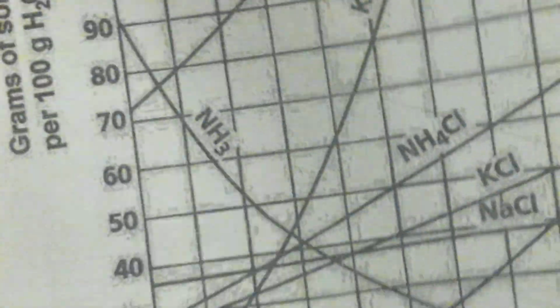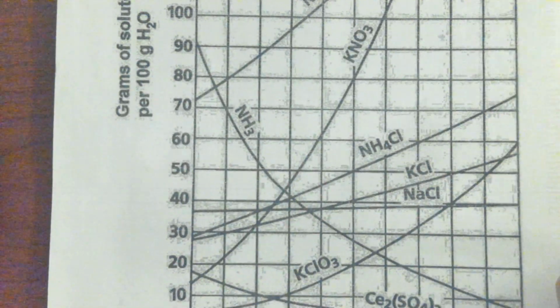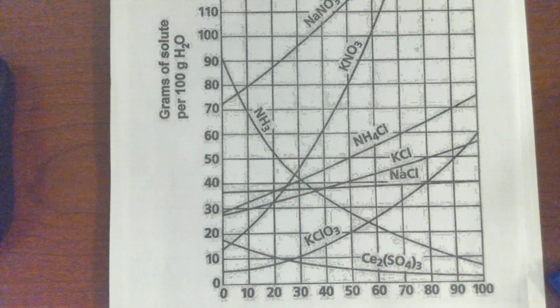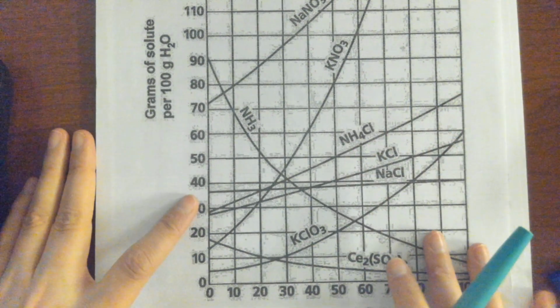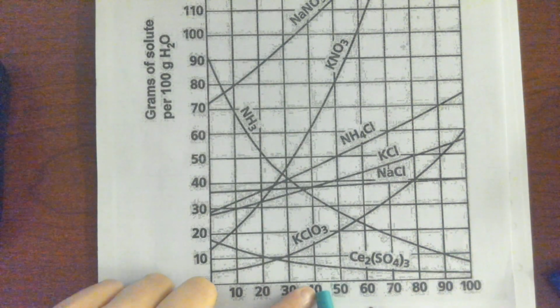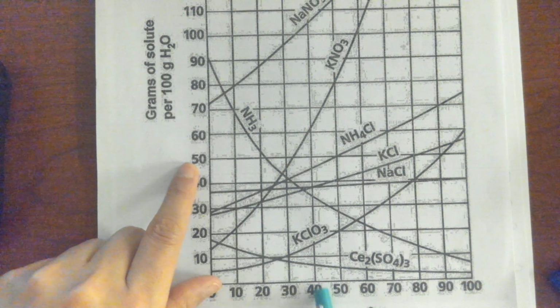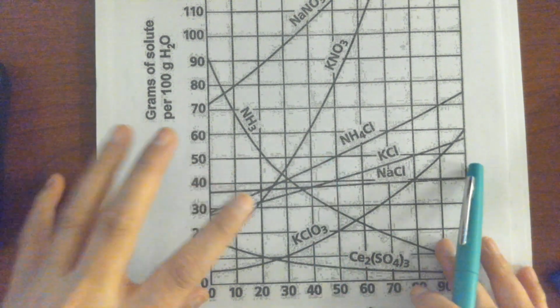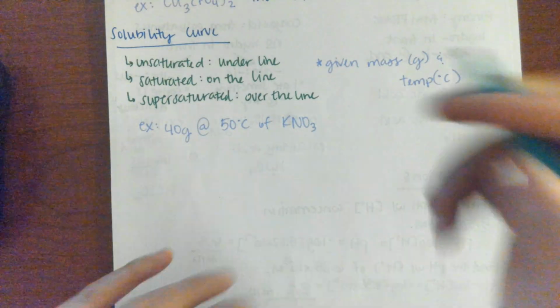So let's take a look. KNO3 is this line over here. And again, you'll have the graph on the screen with your question, but I also have these graphs if you need a better view. So I say 40 grams and then 50 degrees. It's right here and it's under the line. So it is unsaturated.